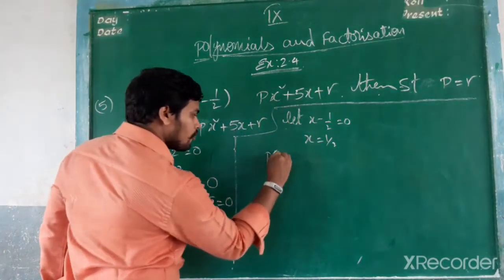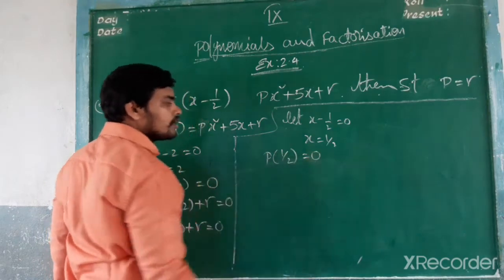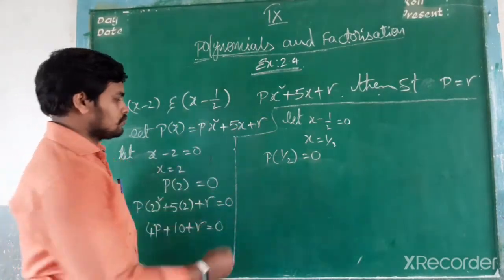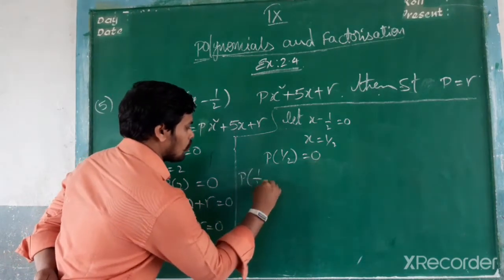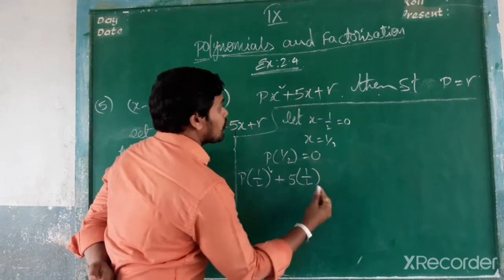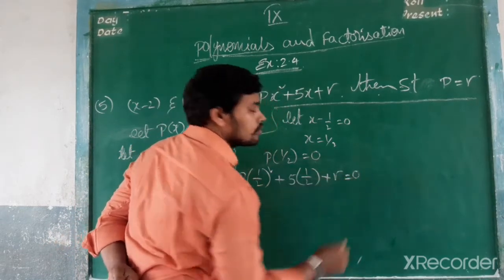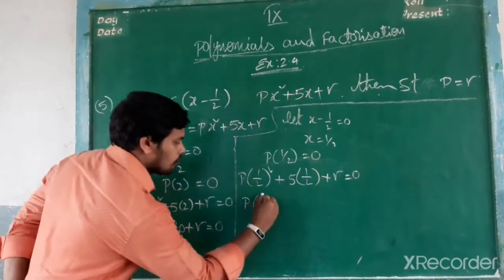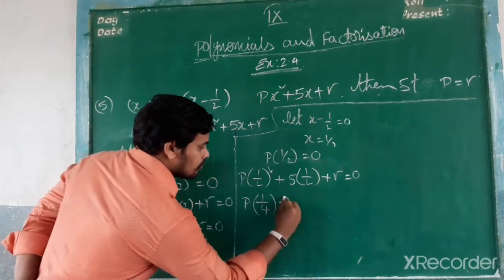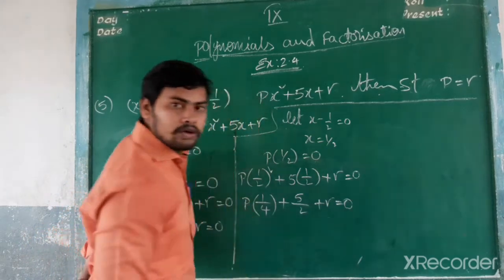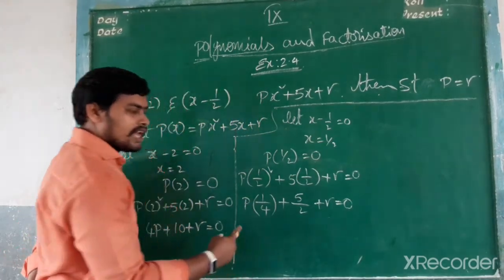Here p of 1 by 2 must be equal to 0 because it is a factor. p into 1 by 2 whole square plus 5 into 1 by 2 plus r equal to 0. So 1 square value is 1, 2 square value is 4, plus 5 by 2 plus r equal to 0. So what is the LCM here?